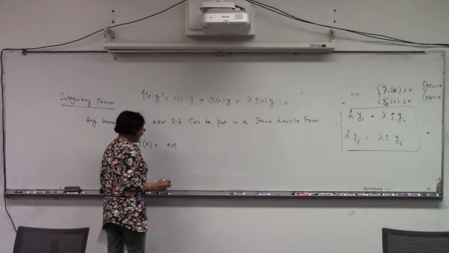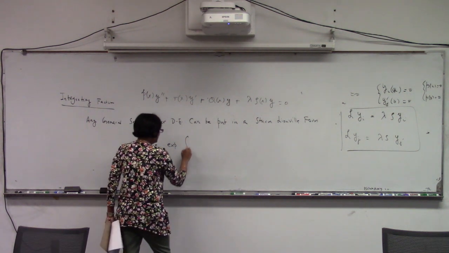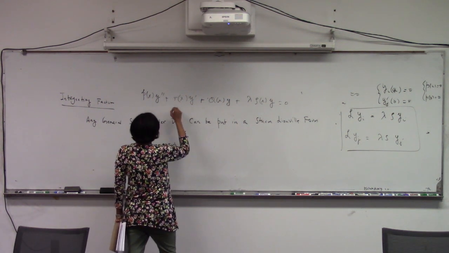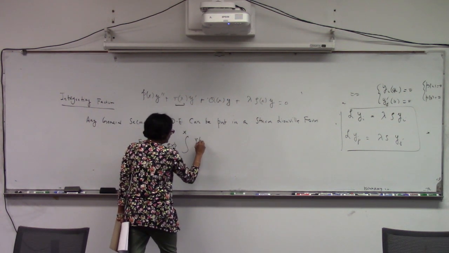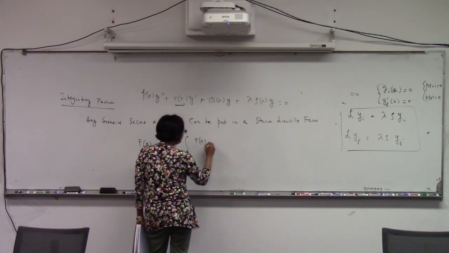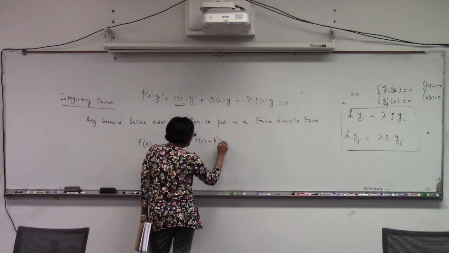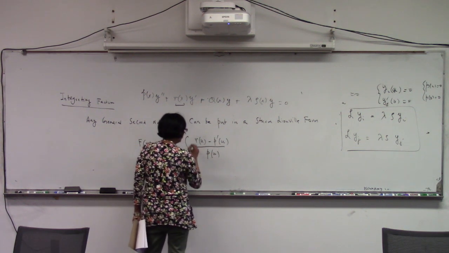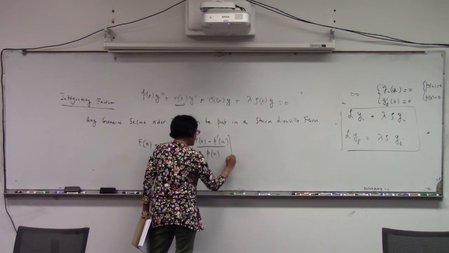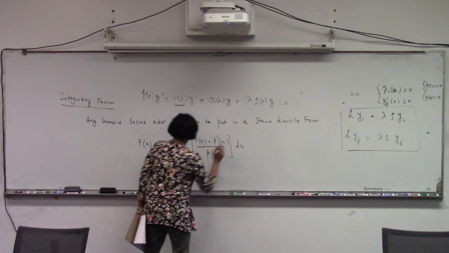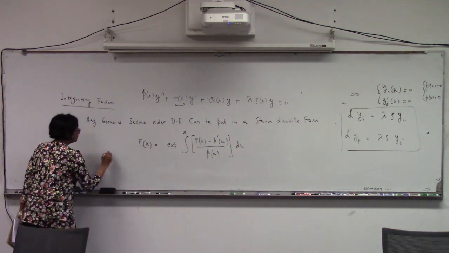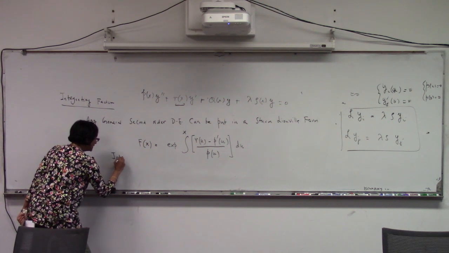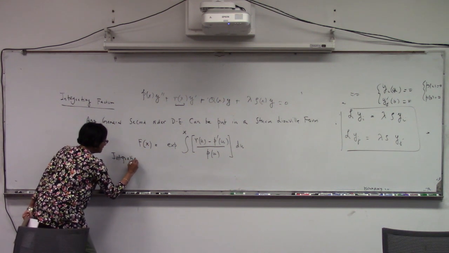It's the exponential of the amount the second term really deviates from the first derivative, divided by the first term. So this is called the integrating factor for the differential equation.